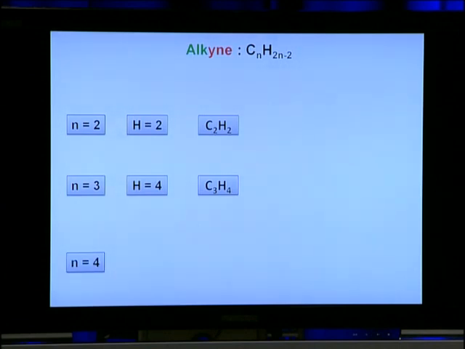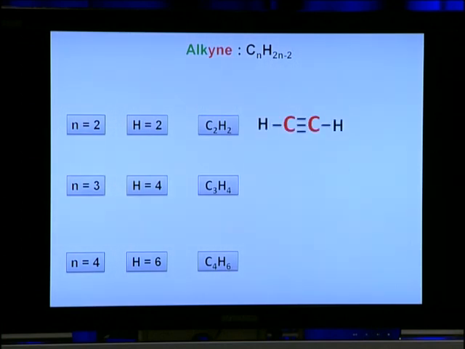Then when n is equal to 4, what should be the value of H? Can you find it out? The value of H should be equal to 6. That is, H should be equal to 4 times 2, which is 8, minus 2, equal to 6. And this is the formula for this compound, C4H6, the third member of alkyne.